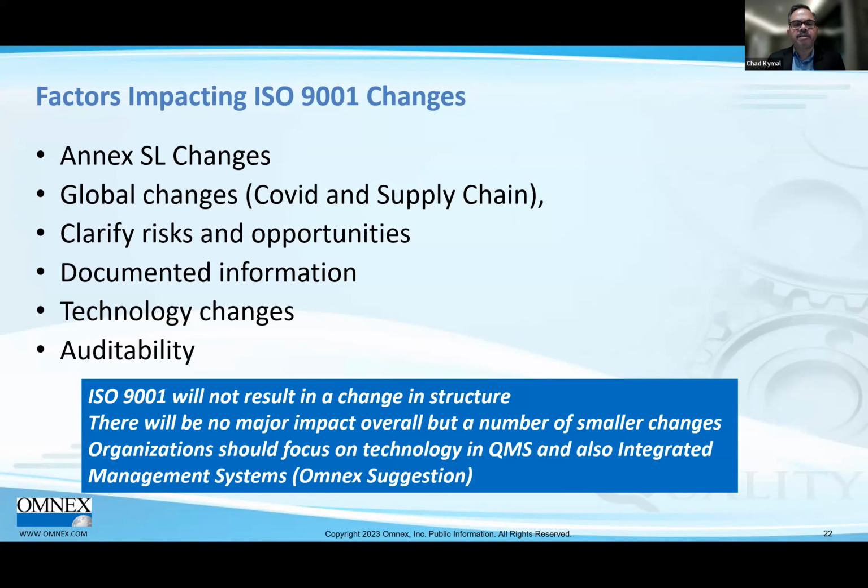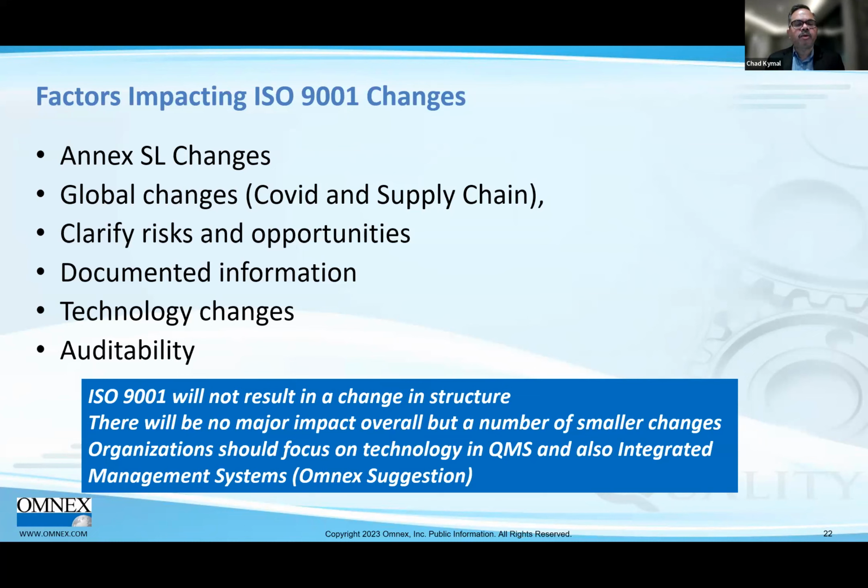Some small changes are there in Annex SL. It's basically in clause 10. I'll tell you more about that, but 14001 also has to follow it. Global changes, basically this COVID and supply chain, they look as factors impacting. They want to clarify risks and opportunities.